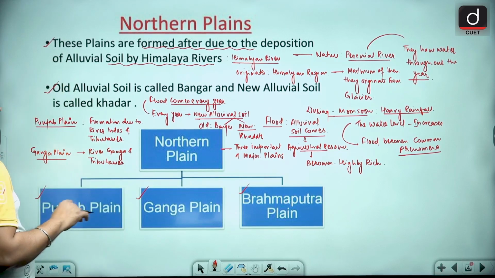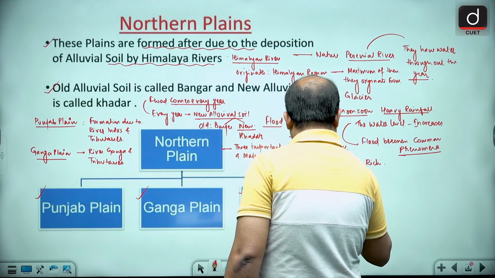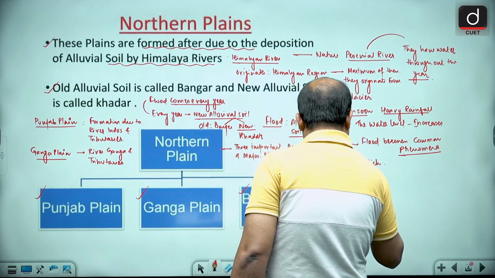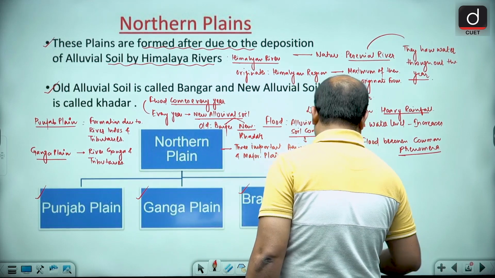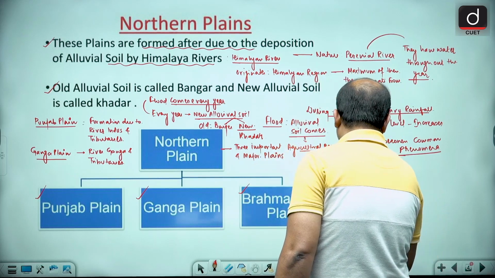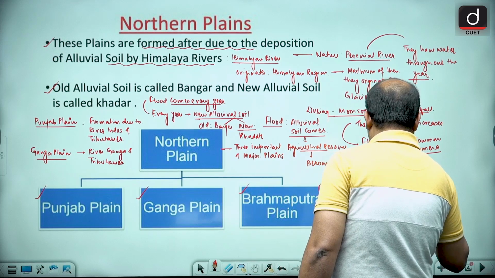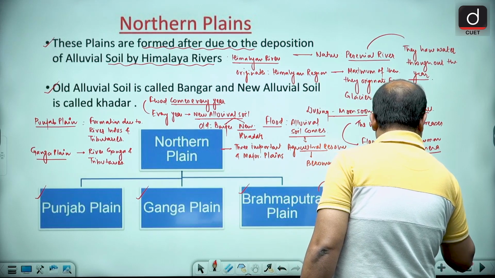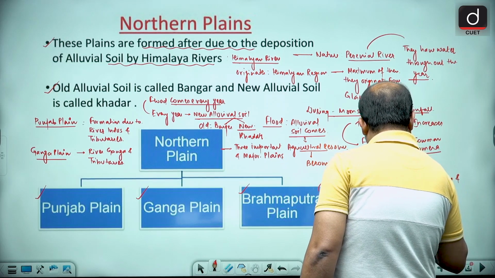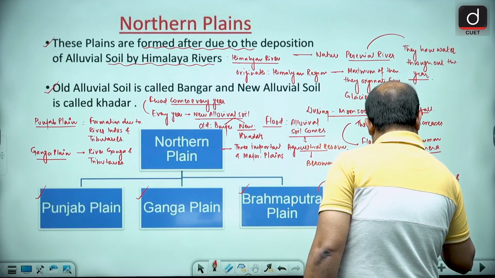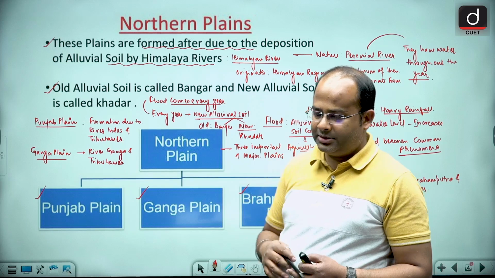And then we have the Brahmaputra plain, formed by river Brahmaputra and tributaries. Is that clear guys?